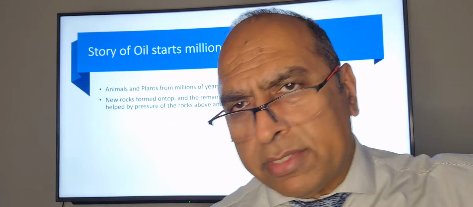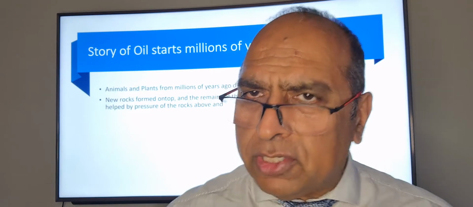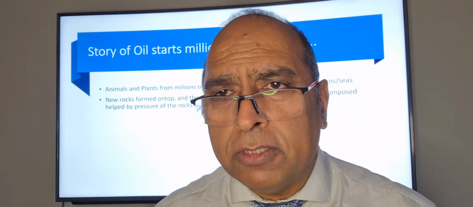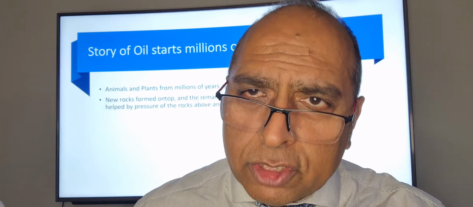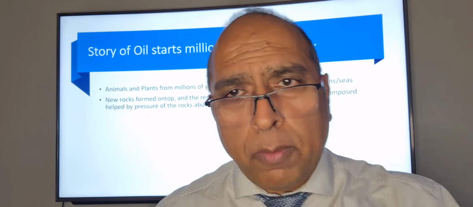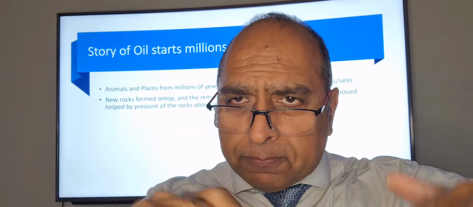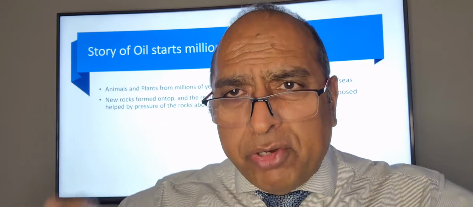The idea here is that nearly everything gets washed into the sea. So the plants and animals from millions of years ago that died would have been slowly washed into the sea, and then new sediment on top makes sedimentary rock on top of those remains, and the new rock presses down.